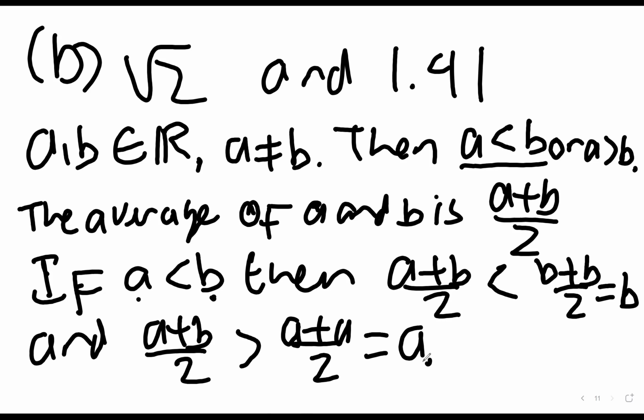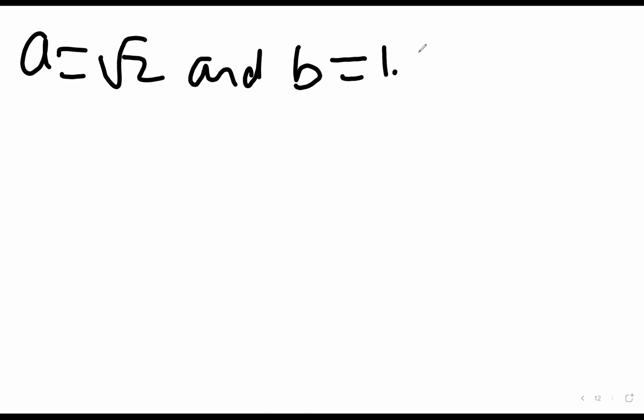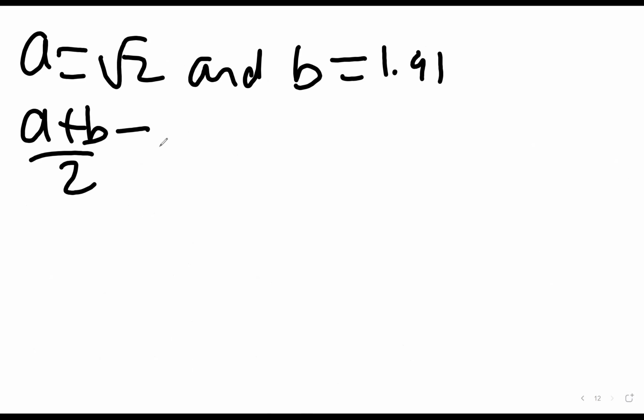Of course, the case A greater than B is similar. I just interchange the roles of A and B and do it with the same argument. Now let us take A equals the square root of 2 and B equals 1.41. Then (A plus B) over 2 should be (square root of 2 plus 1.41) over 2.